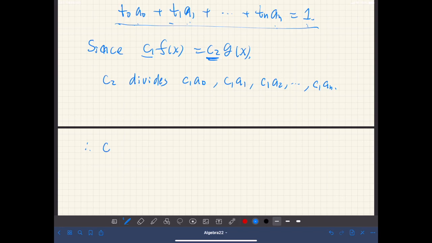Therefore c2 divides t0 c1 a0 plus t1 c1 a1 and so on, tn c1 an.